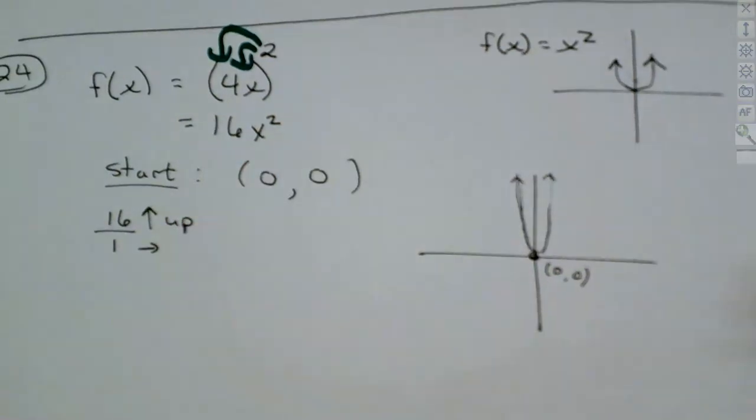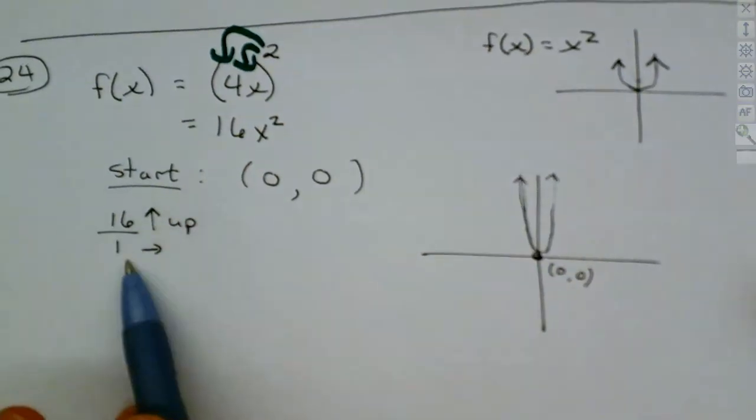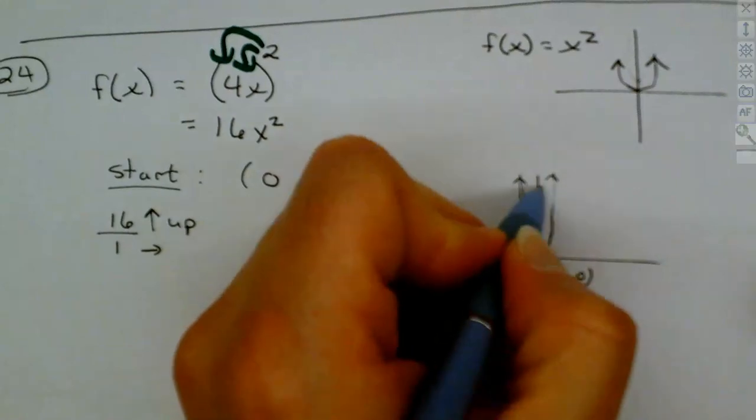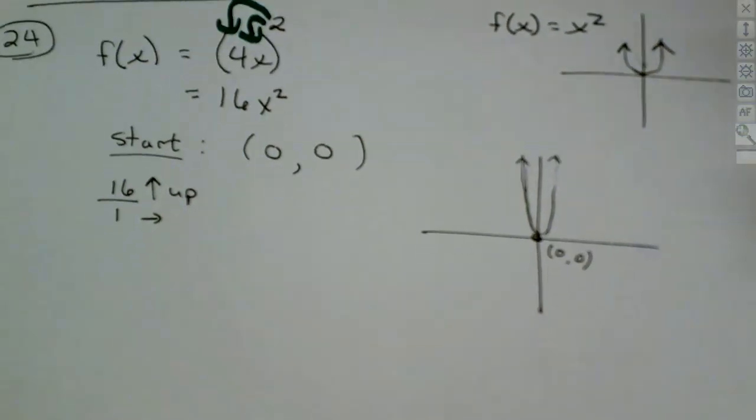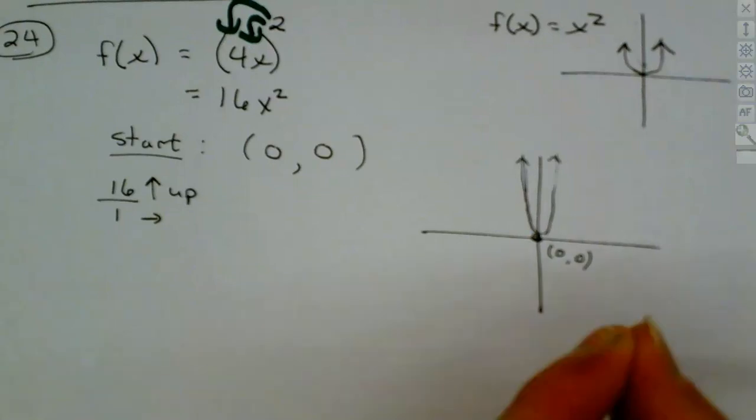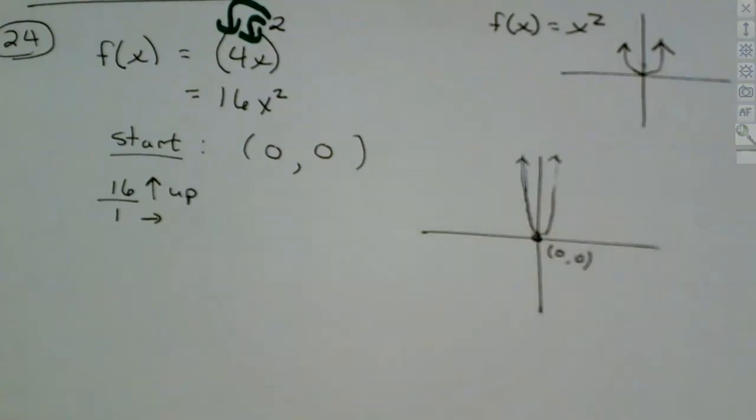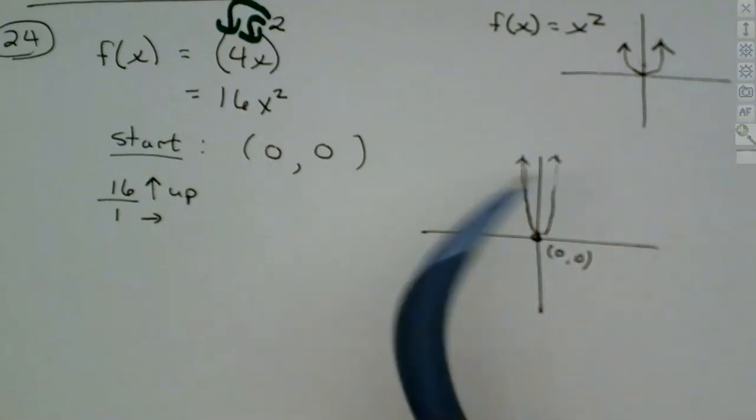Because what is the number in front? 16. So you're going to have to go up 16 and over what? 1. And if it doesn't fit on the paper, you can add more to it if you need to, or change the axis. But it's going to be way up there. It's going to be very, very narrow, right? Very, very tight together. So what I'm looking for is something that looks similar to this.